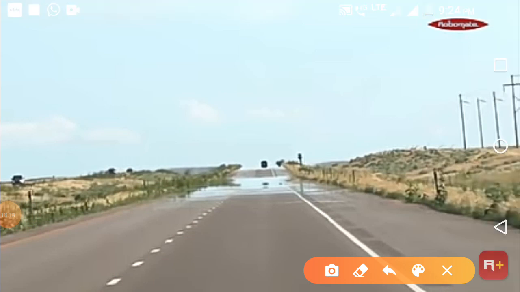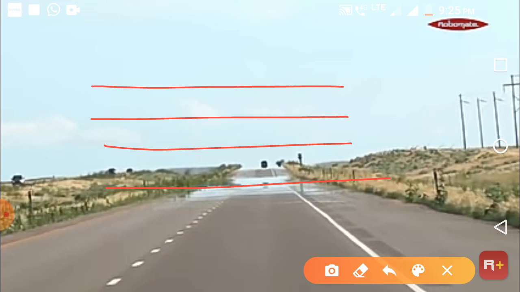So here what happened, see, these represent the layers of atmosphere, and the upper layer is with cooler air, and the hot air is present at the bottom layer. So the light ray is coming from the cool air region, that means from the denser medium, to the rarer medium.